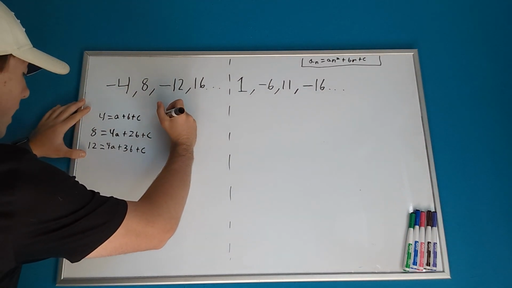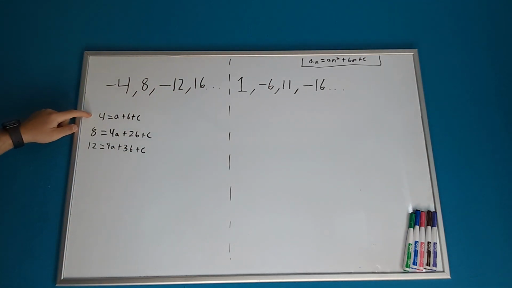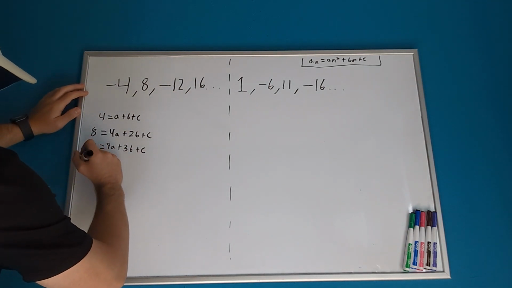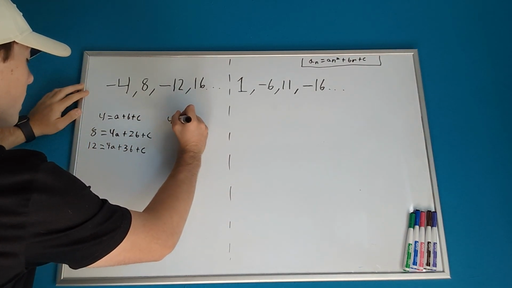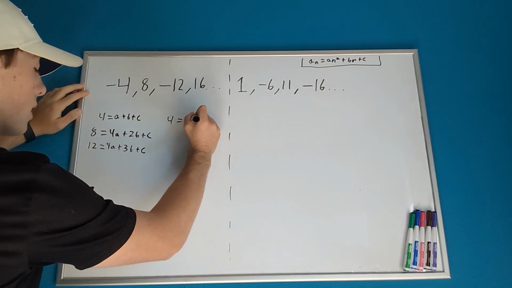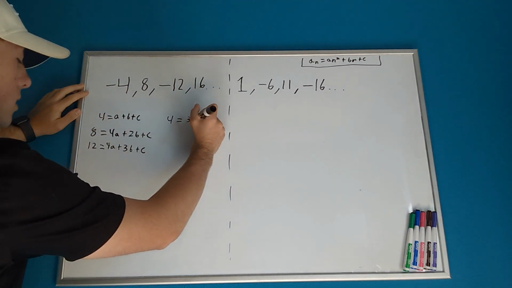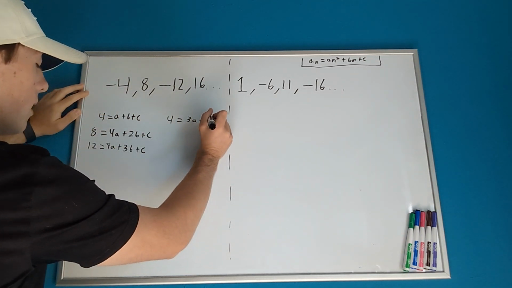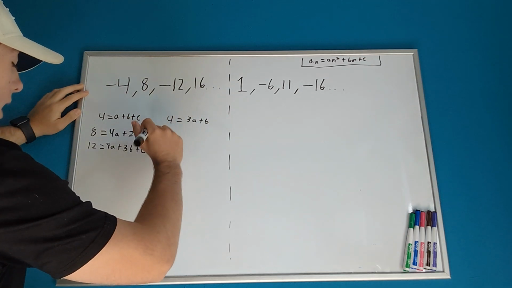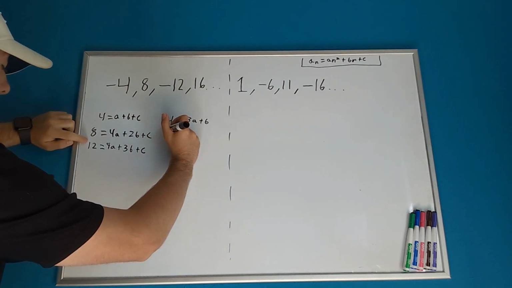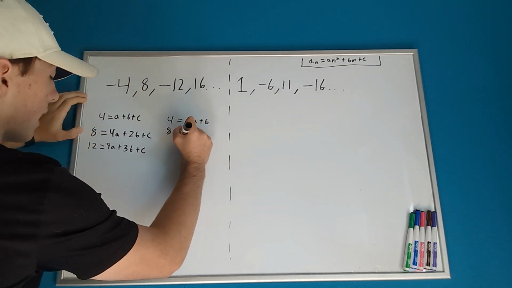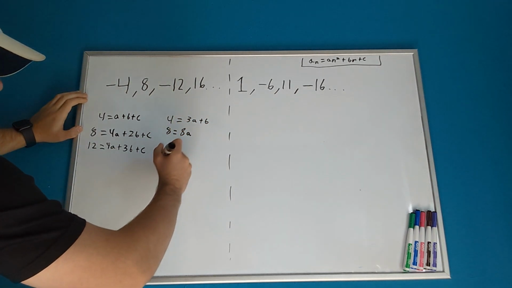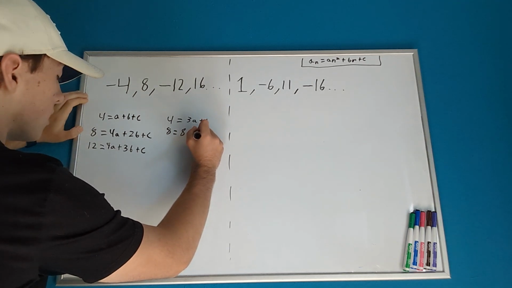What I like to do is subtract this top one from both of these. If we do that, we end up with the equations 4 equals 3a plus b, because we subtracted this, and the c's cancel out. Then we subtract this from that, and we get 8 equals 8a plus 2b.